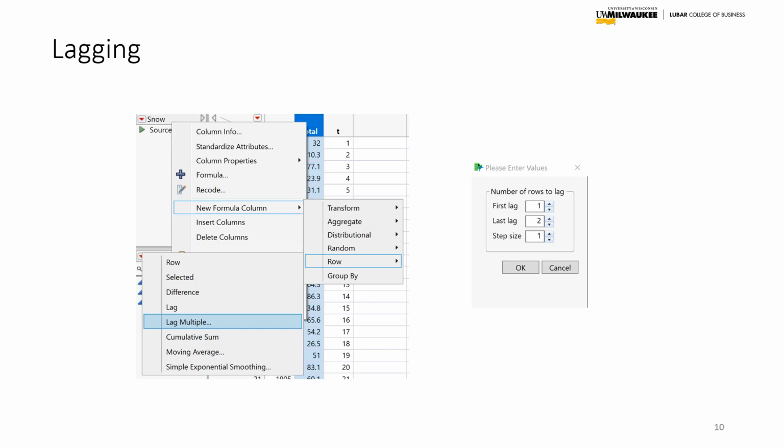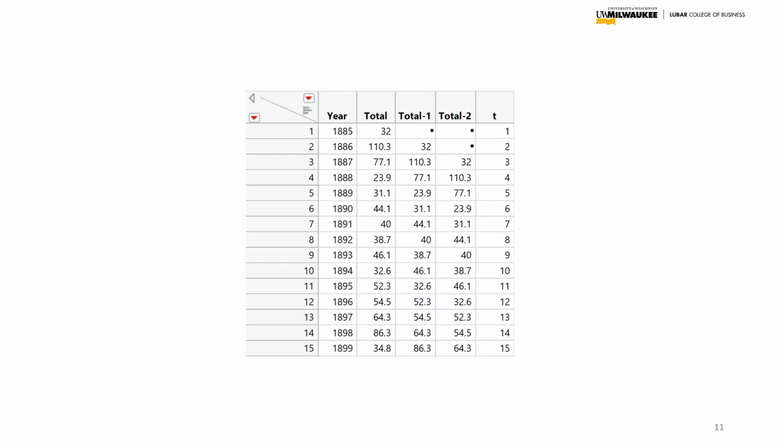In lag multiple, as you can see here to the right, I'm picking the lags from 1 to the last lag of 2. You'll see what this produces. What gets created are two lag variables, which I have called total-1 and total-2. Let's, for example, look at 1887. Snow total in that year was 77.1.